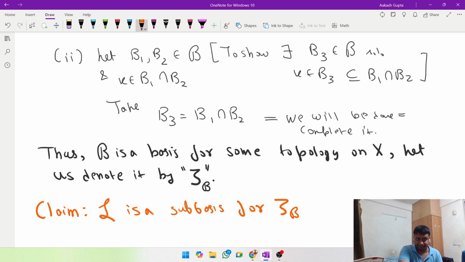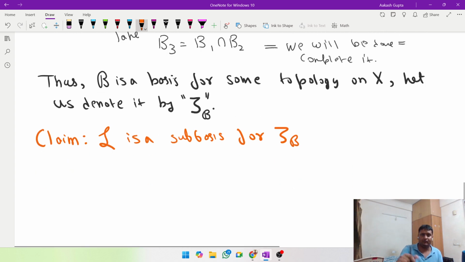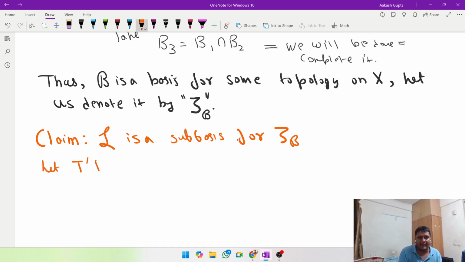So let us begin proving this. What we have to show is that this is the smallest topology containing S. So let T prime be any other topology on X such that script S is sitting inside T prime.